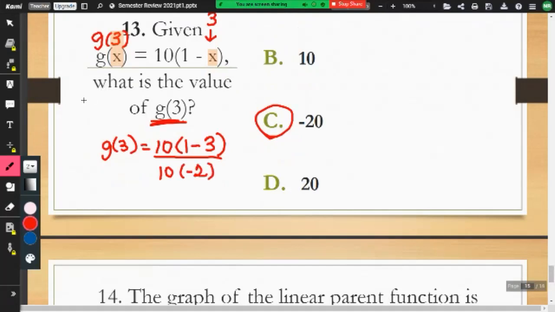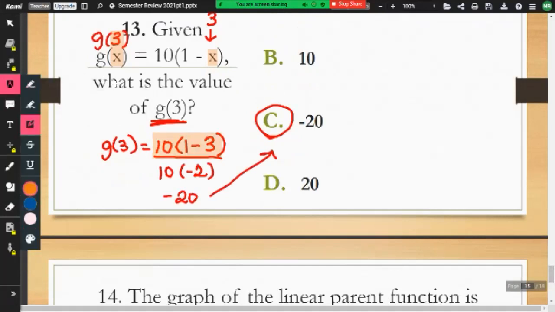Negative 2, and 10 times negative 2. That's why I suggest that you type it in right after you plug it in, because if you subtract 1 minus 3 and get a positive 2 times 10 is a positive 20, you could end up picking the wrong answer.